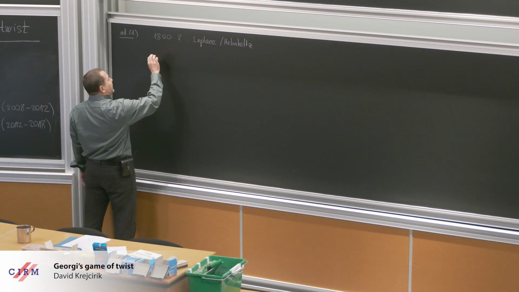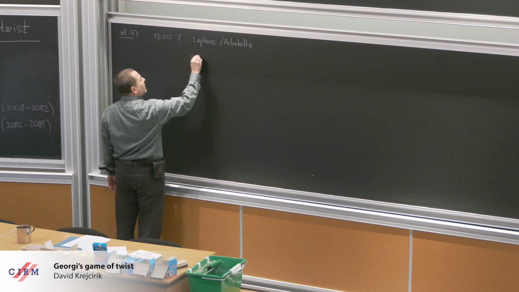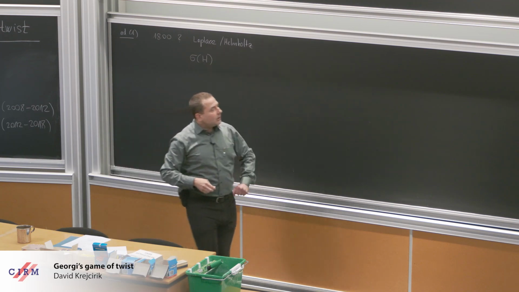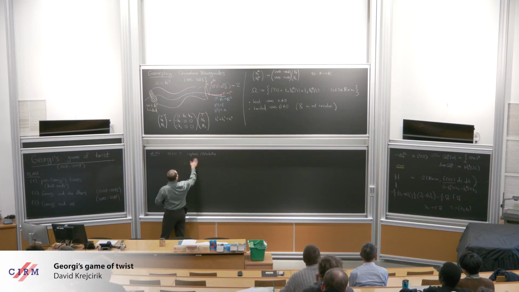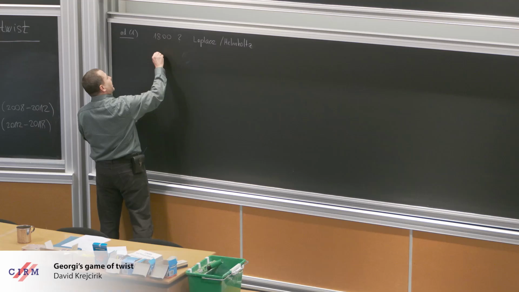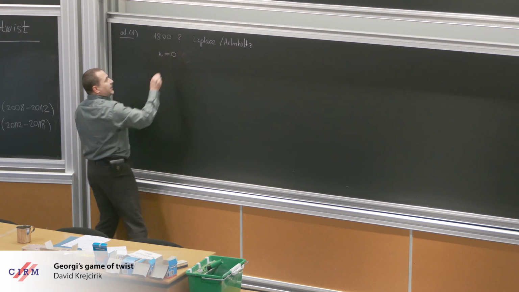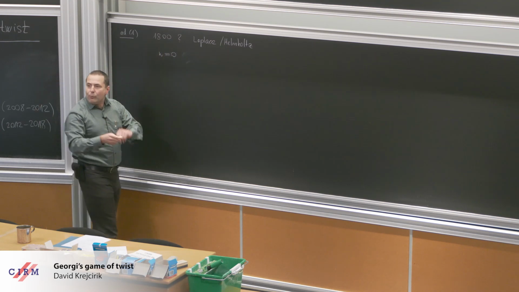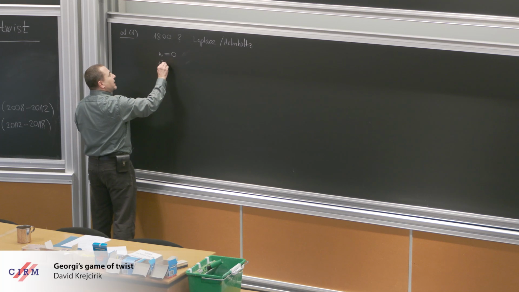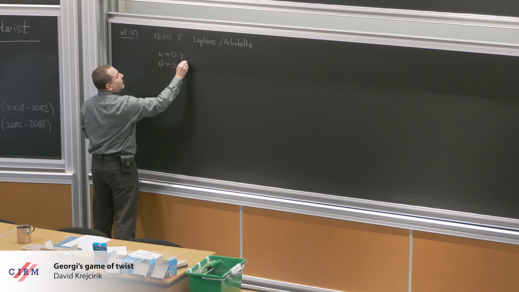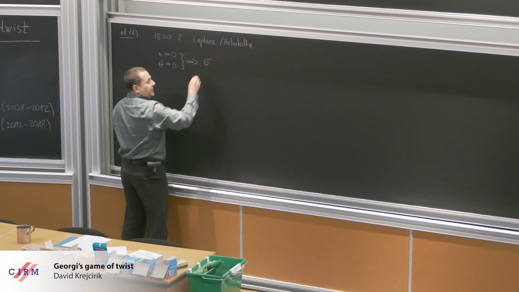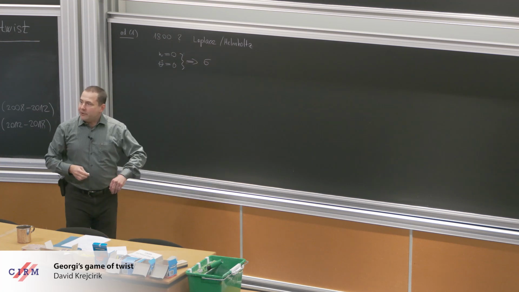When κ is identically equal to 0, no bending, no twisting, then the spectrum you will find by separation of variables.